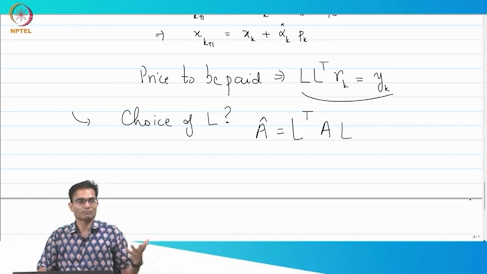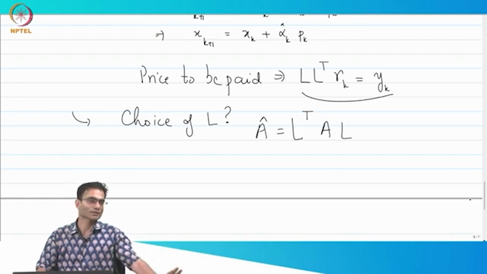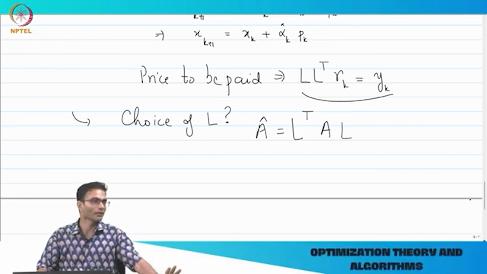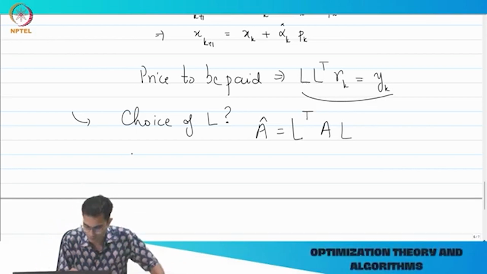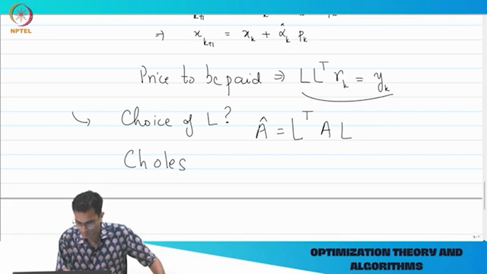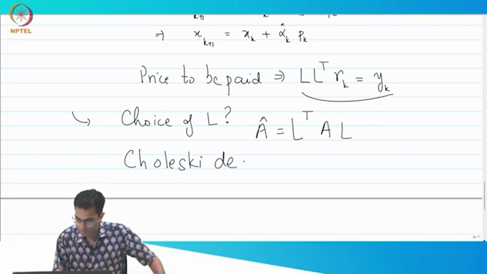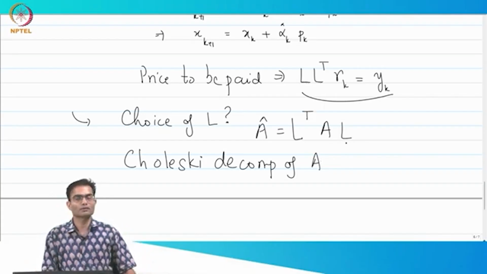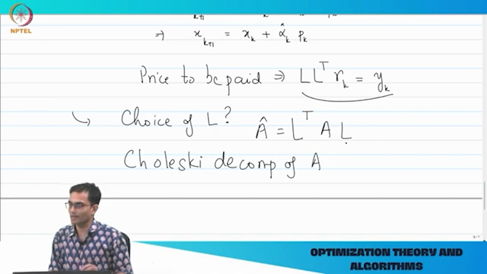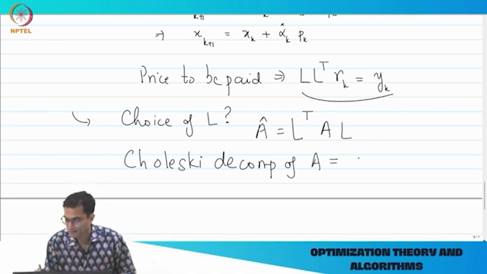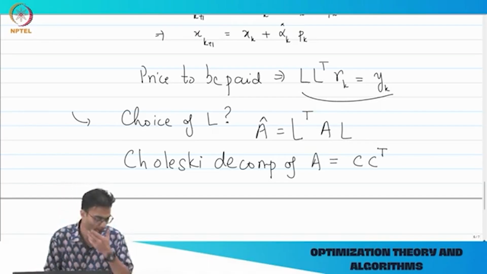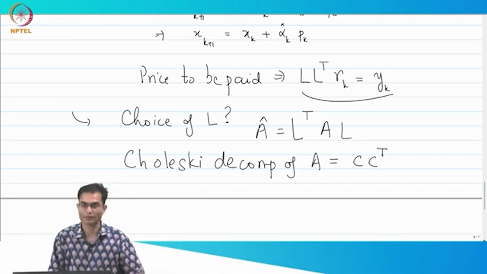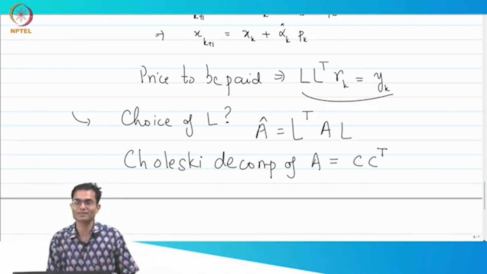There is a very nice theorem from linear algebra which gives what is called a Cholesky decomposition of a matrix A. You may or may not have heard of it. So let me write it down, you can look it up. The Cholesky decomposition of a symmetric positive definite matrix A is a very nice result: CC transpose, where C has some property.